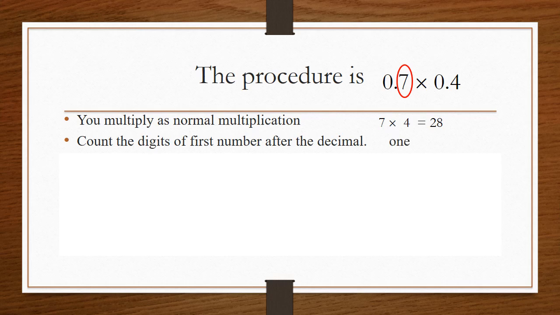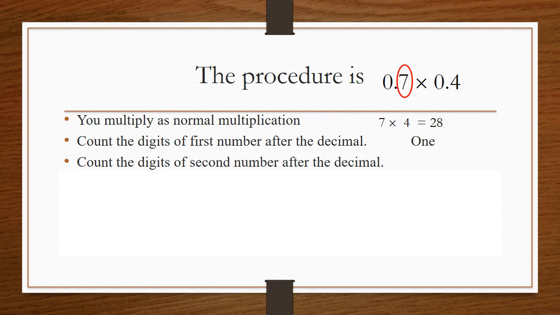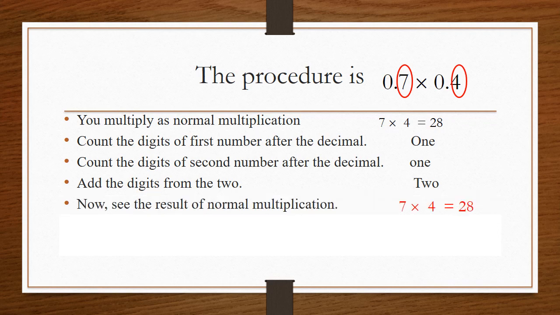Now we'll count the digits of the second number after the decimal. It is again 1. Now we'll take the sum. 1 plus 1 is 2. Next we'll see the result of normal multiplication. It was 28.